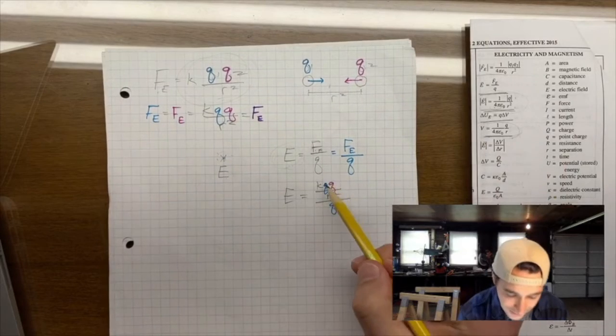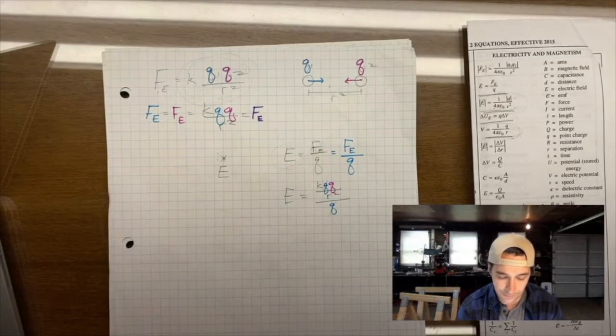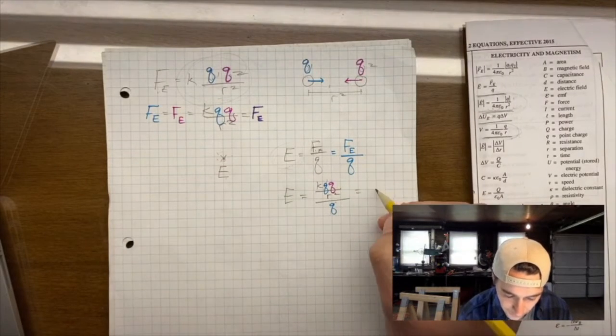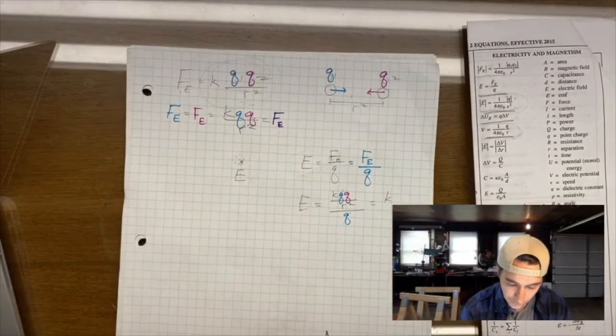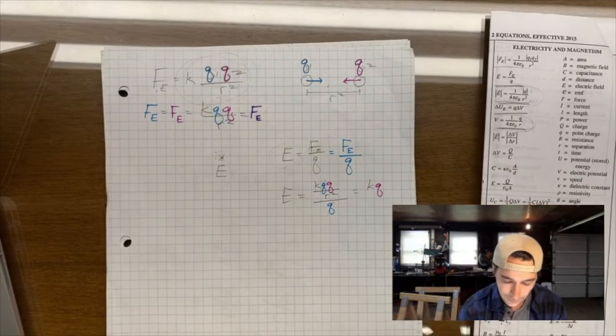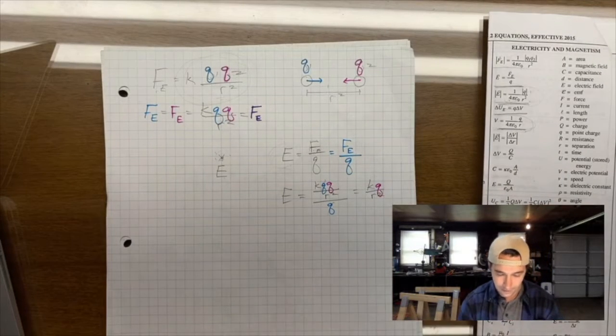Our Q's cancel out, specifically the Q that we're placing at this location. So if our Q's cancel out, then we have K, and we only have our pink Q left, divided by R squared. Now, where do we see that?